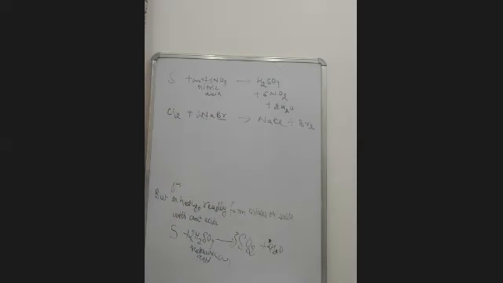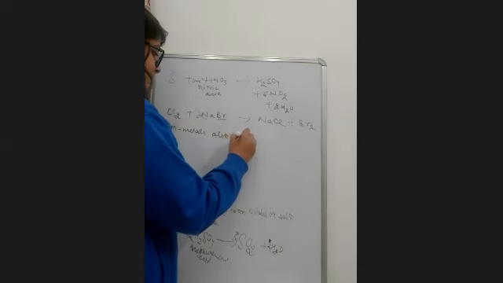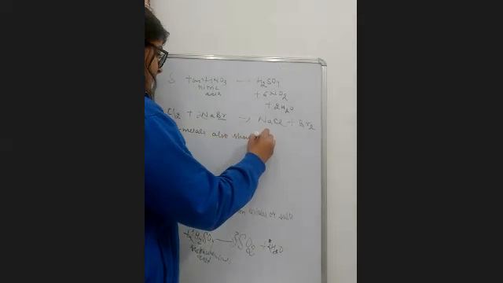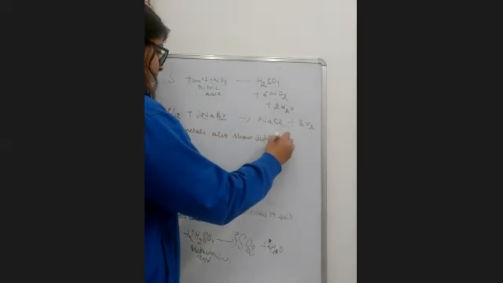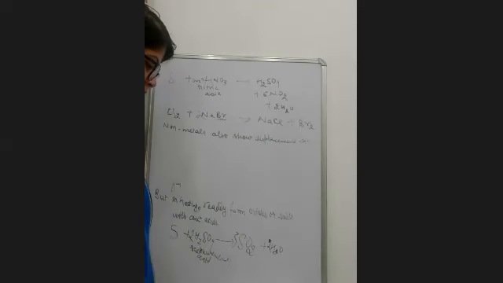In this reaction, chlorine displaces bromine, so this is a displacement reaction. So we can say that non-metals also show displacement reaction, right?